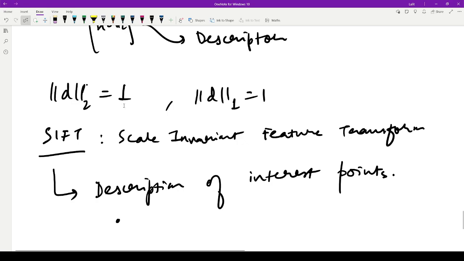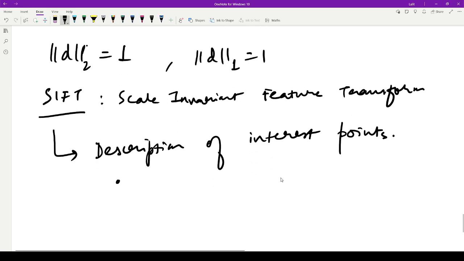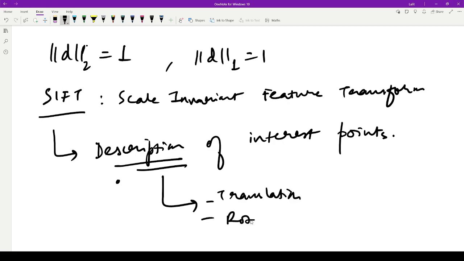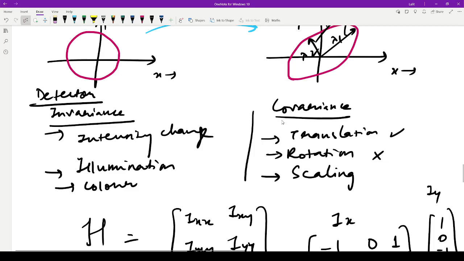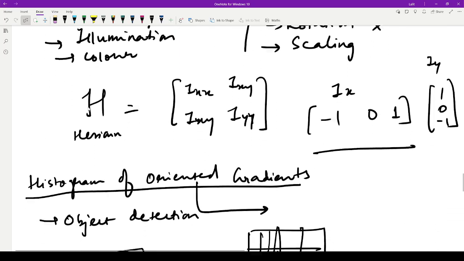So again the idea is you want the description to be invariant to translation, rotation, scale. Here we want invariance. So if you remember for the detector, I clearly said that we want covariance with translation, rotation, and scaling, but with the descriptor, this thing changes.